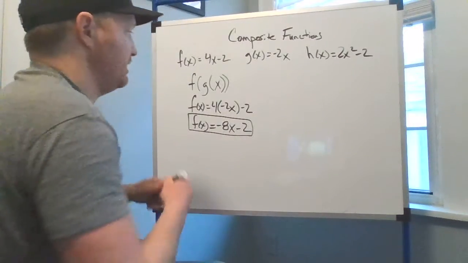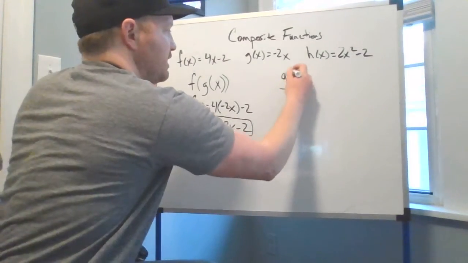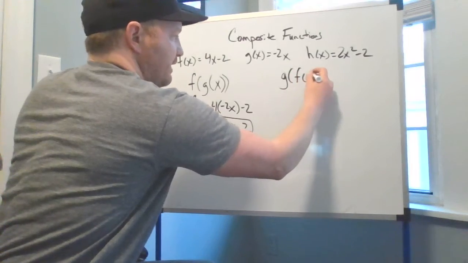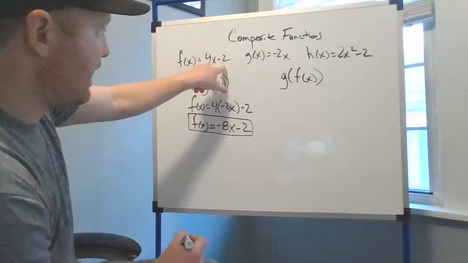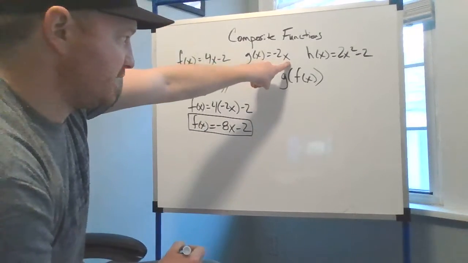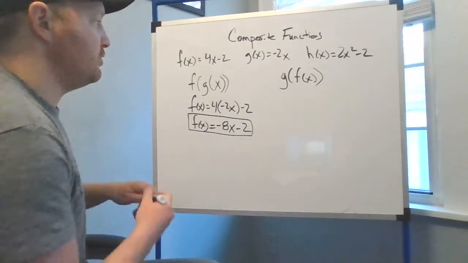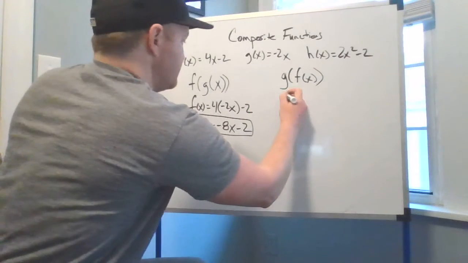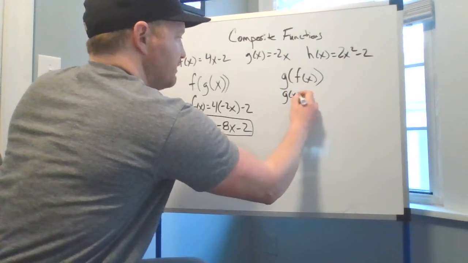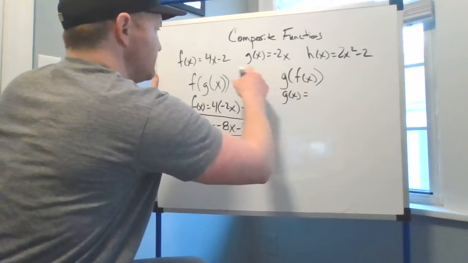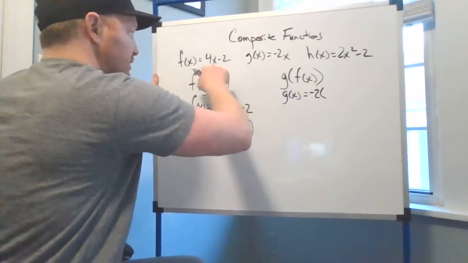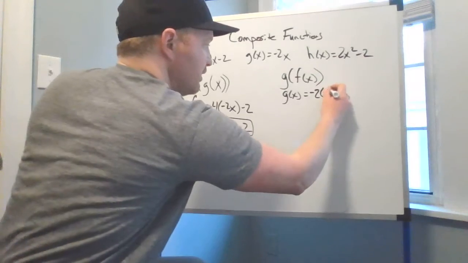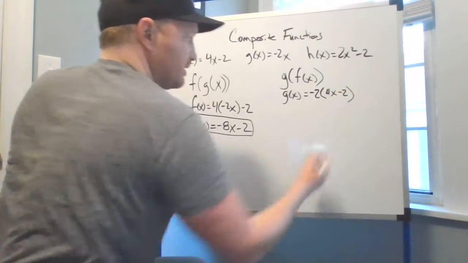Now let's flip it around. Now let's say I just said, instead, g of f of x, okay? Again, I'm now replacing this entire expression in place of just the x on this expression to figure out what's going on. So now it's my g of x function is equal to, the input is this, but I do negative 2 times, because I got to replace x with this entire expression, 4x minus 2.